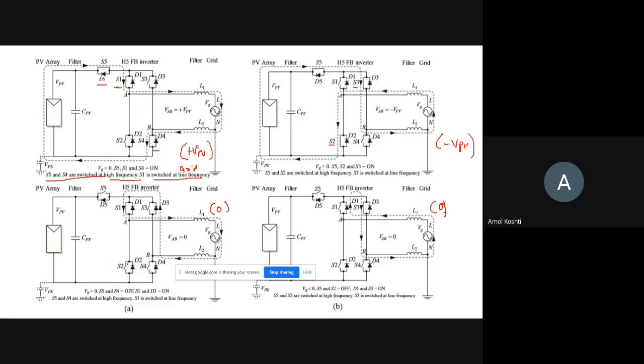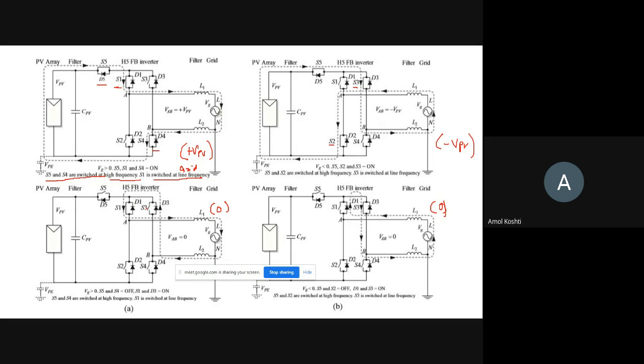Similarly in this case, S5 and S4 are switched at high frequency. Here S5 is not turned on, so it is off. S1 will be turned on at the line frequency.